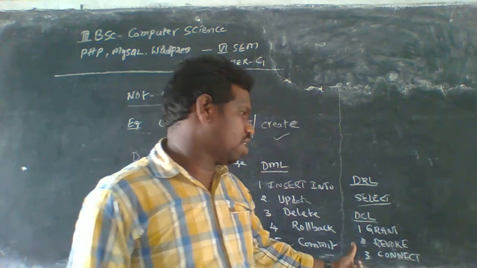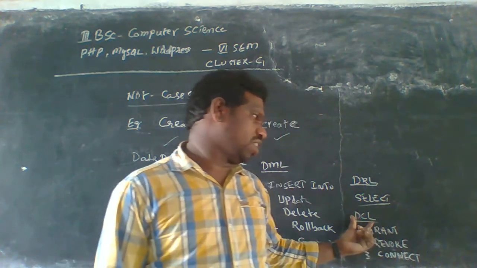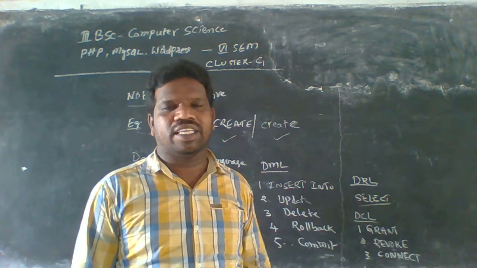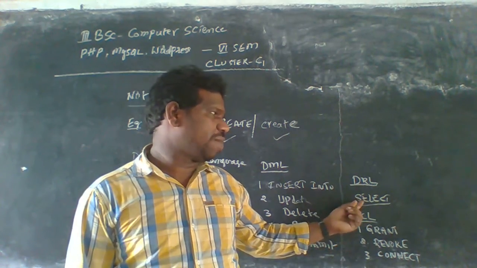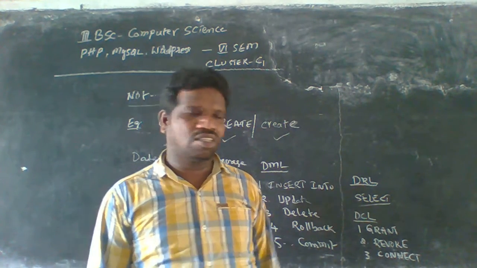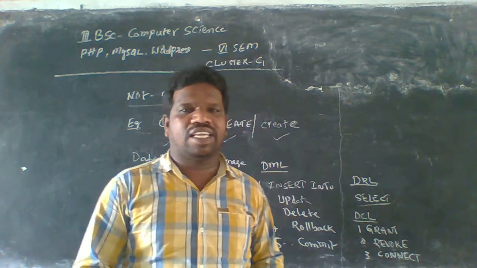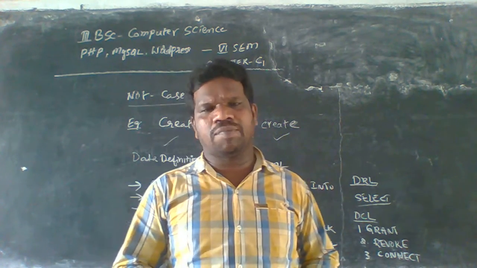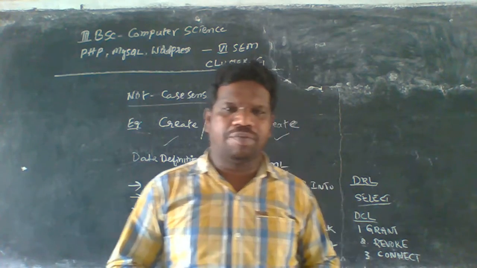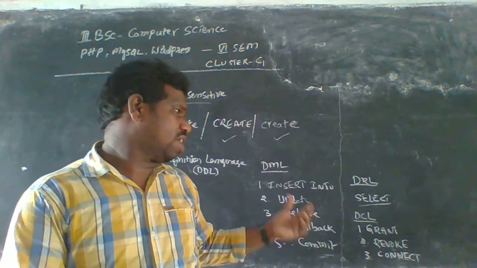These three commands come under the DCL commands. So this one command comes under only the DRL commands. So the select command is the most important command while you are retrieving any data, in a single record or multiple records or a single attribute.